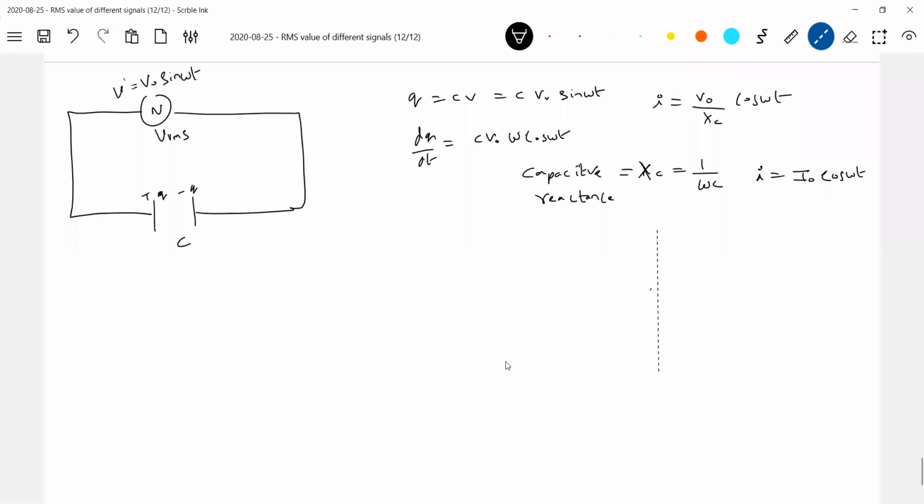If I plot this, this is the applied voltage. What about the current? The current is cos, no? So cosine.